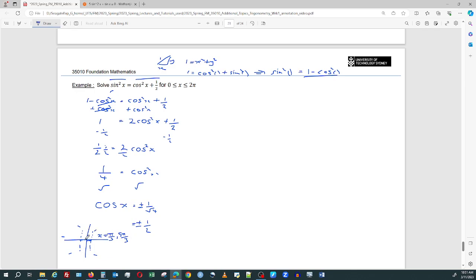And for this one over here, the small negative x, we've got 2 lots of pi on 3, and also you count around to 1, 2, 3, 4 lots of pi on 3. So those 4 values satisfy cos x equals plus or minus a half. And you can put that in, knowing which one you're going for, plus or minus a half, and you get that. Okay.